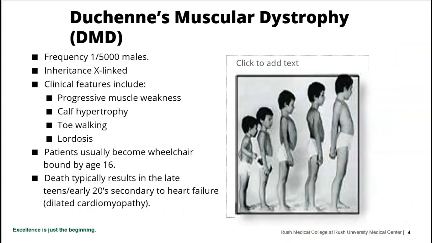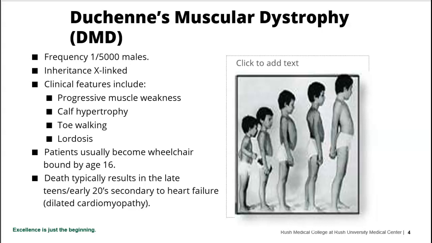So let's now look at the clinical characteristics of Duchenne muscular dystrophy. It occurs in about 1 in 5,000 males, and it's inherited in an X-linked fashion, which means the gene for Duchenne is located on the X chromosome. Boys have only one X chromosome, so if the only copy of this gene is abnormal, they will have symptoms.